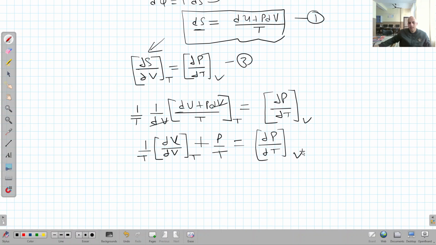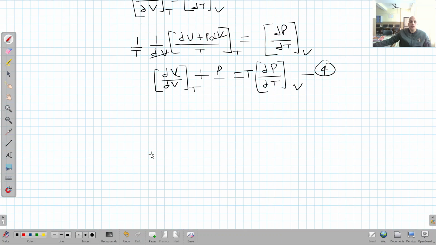Now if I multiply by T on both sides, this equation gets converted. Clear? Let this be equation number 4.